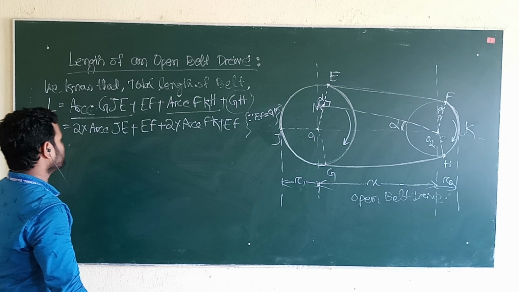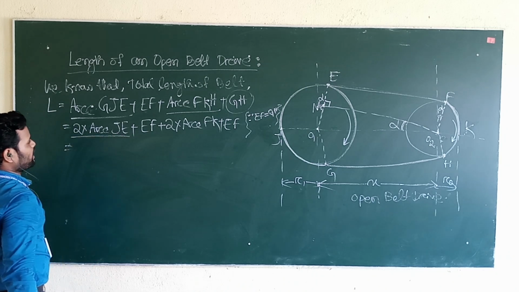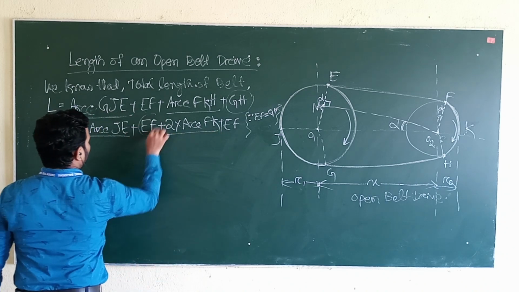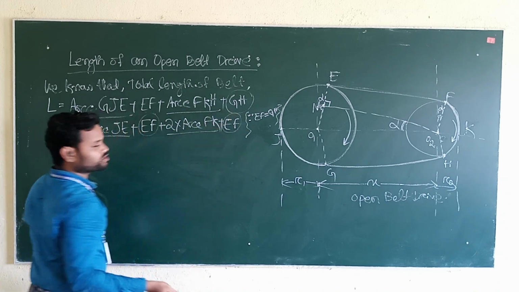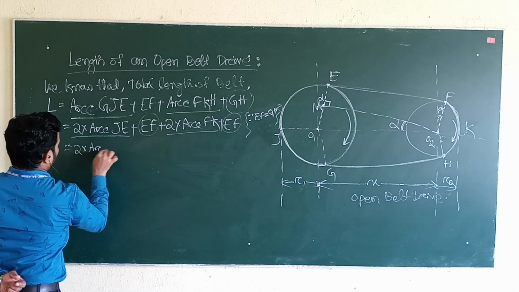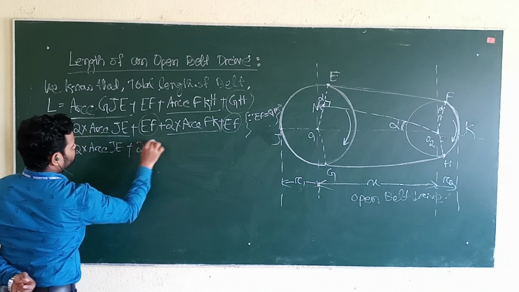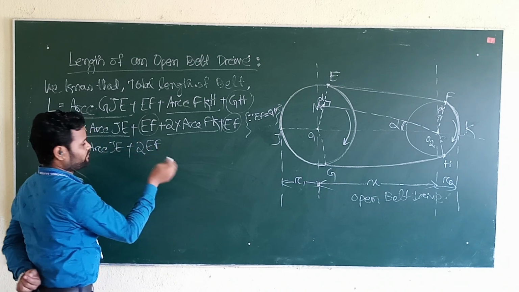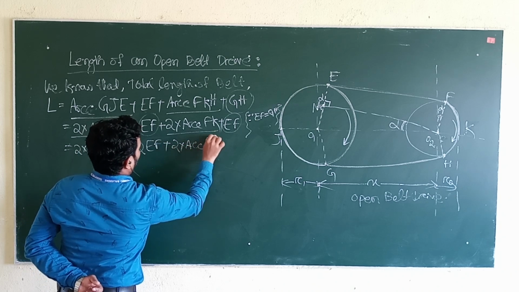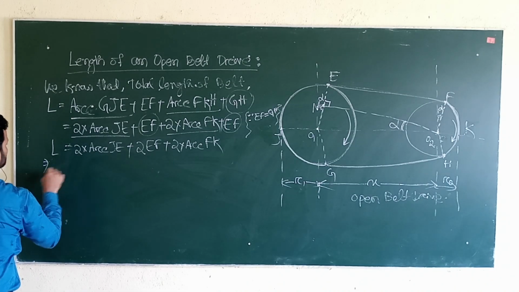So the equation becomes twice arc JE, plus twice EF, plus twice arc FK. So L equals 2 times arc JE plus 2 times EF plus 2 times arc FK.